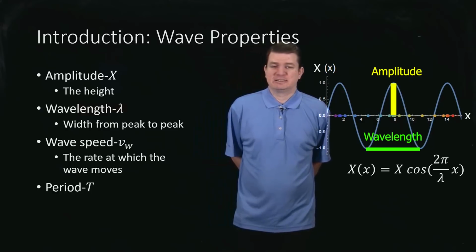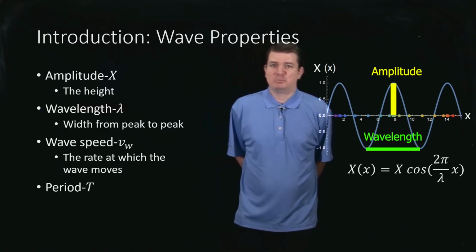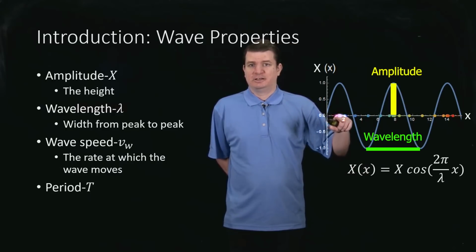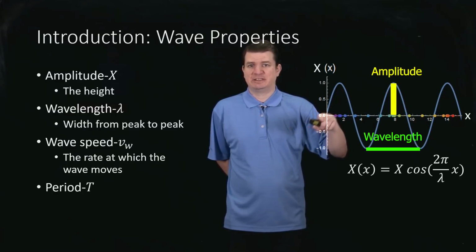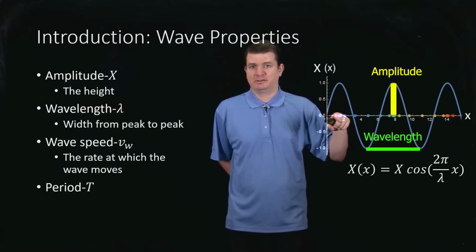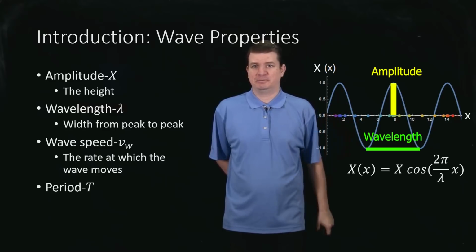Now, we realize since it's moving that things are actually changing in time as well. So let's say I pick a particular x, and I would like to know, sitting here, if I watch the wave move by, this particle sometimes is displaced to the left and sometimes to the right. How long does it take to start here and go all the way to the left, all the way to the right, and back again?